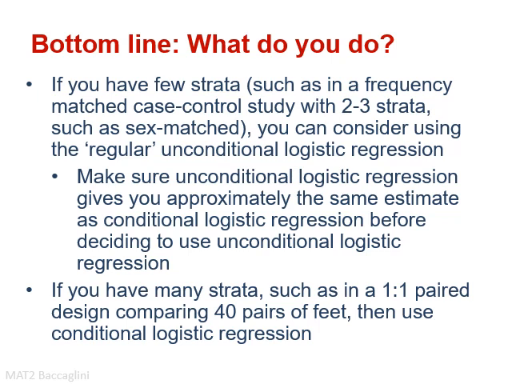If you have lots of strata, then you probably need to use the conditional logistic regression, because otherwise you're going to enter all of these pairs into the model and it becomes very crowded. So for example, if you're comparing right and left foot and you have 40 pairs of feet, that's a lot of variables to put into the model. So you would want to use conditional logistic regression.